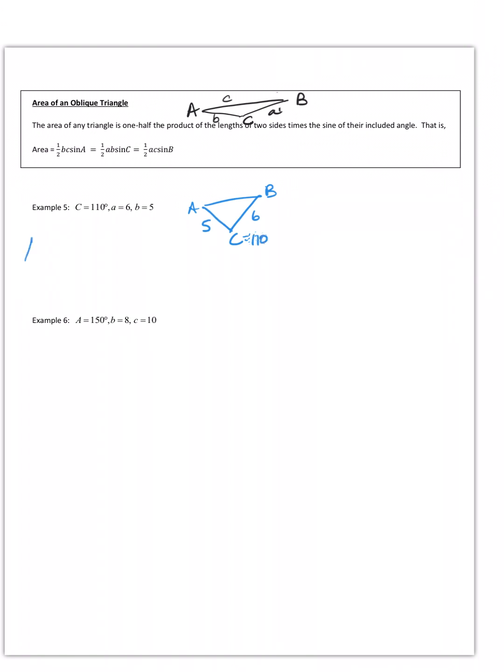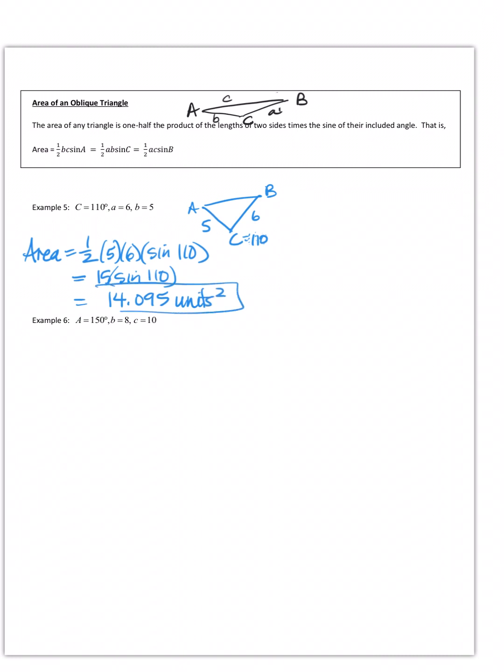So it says the area would be 1/2 the two known sides, so 5 times 6 times the sine of 110. All right, simply put this in your calculator. So this reduces to 15 times the sine of 110, and I get 14.095. And if it had units, it would be units squared.